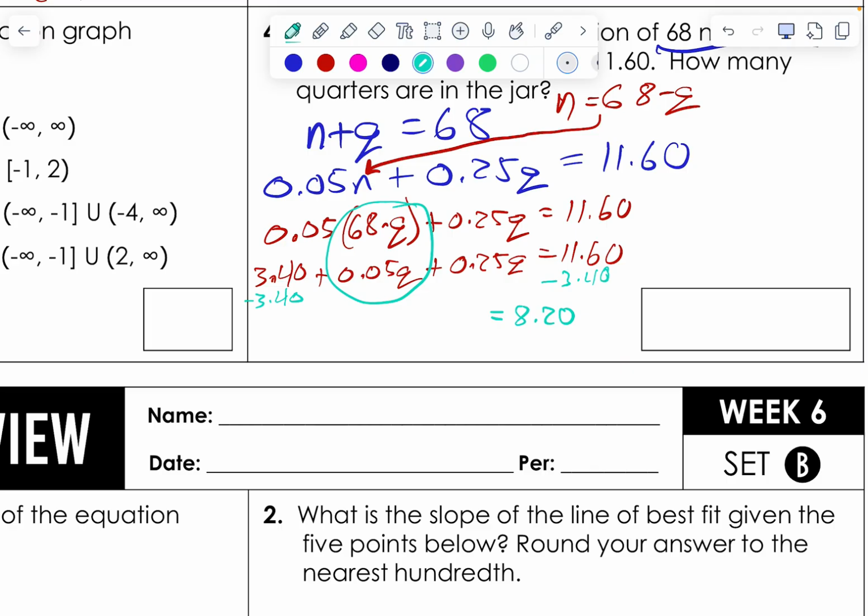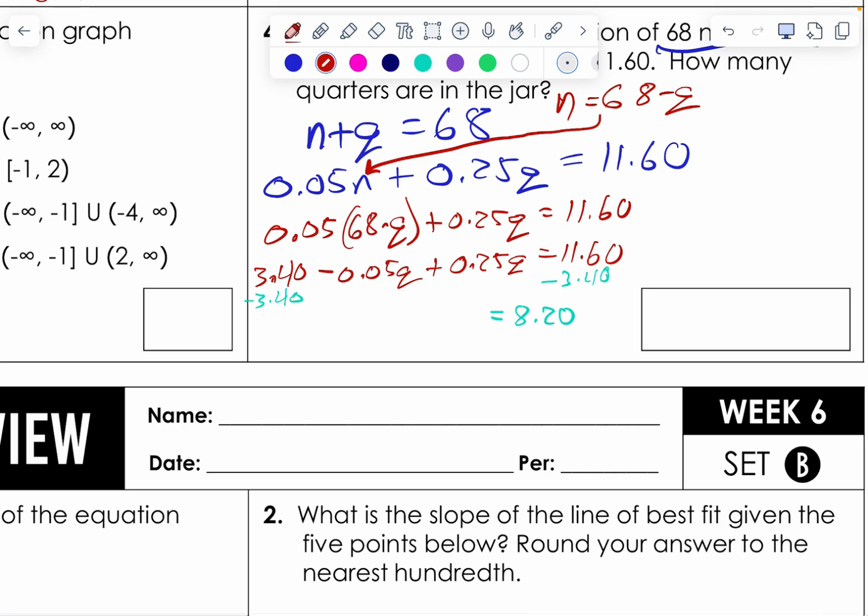Anybody see it? You wrote the wrong side? Yeah, it should be minus 0.05Q. That was probably because I was hurrying and writing ugly.